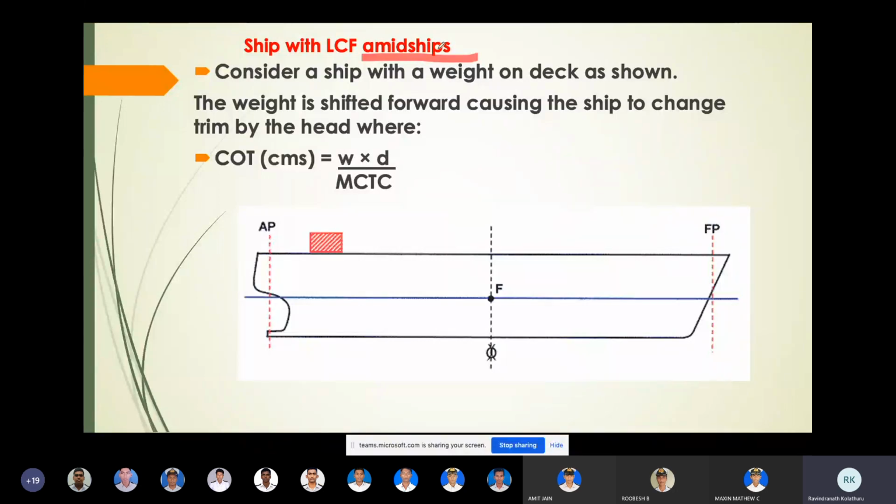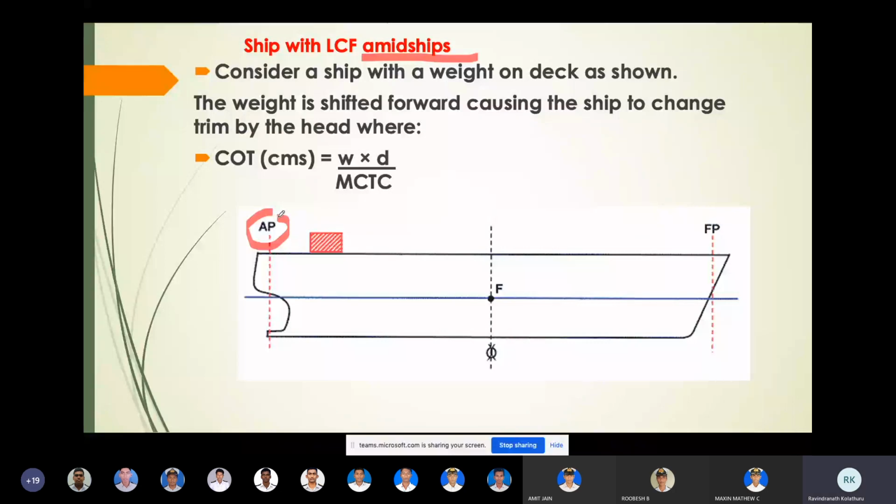So let's take the first condition, where the LCF is at midship. We have taken a picture where this is your aft perpendicular. From now onwards, everything will be with reference to the aft perpendicular, whatever distance, LCG, LCB, LCF, whatever data we take, it will be from the aft perpendicular.